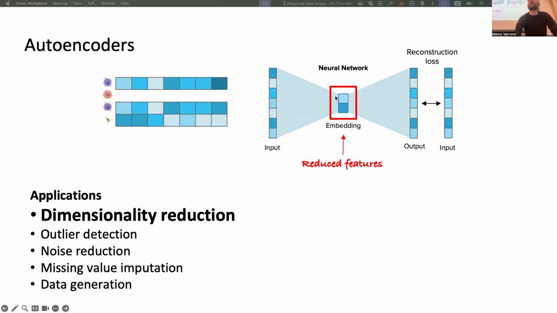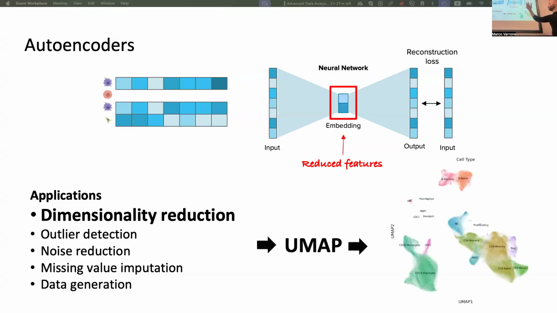You get dimensionality reduced data. In this case, it's going to have 2 neurons. So for every cell, you will have 2 features. Then you can, for example, compute the UMAP based on these features, and you're going to see different clusters of cells based on the gene expressions that they have. So this is a common approach to the dimensionality reduction of the data.